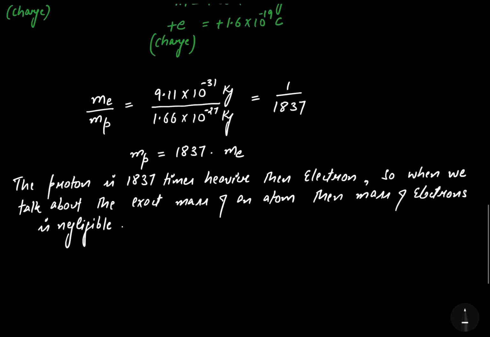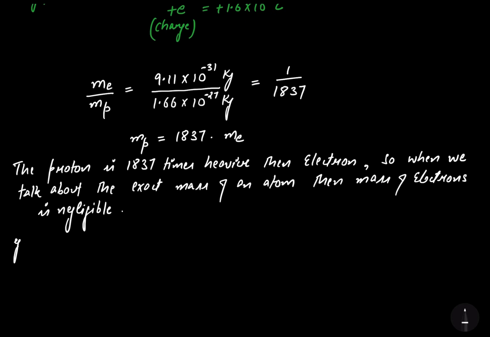So I'm giving you an example. Let's talk about copper. The atomic number of copper is 29 and its mass number is 63. So what will be the mass of copper? I know that 63 is the sum of the number of protons and the number of neutrons.